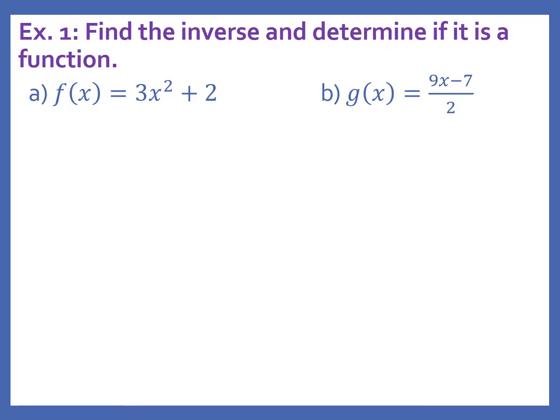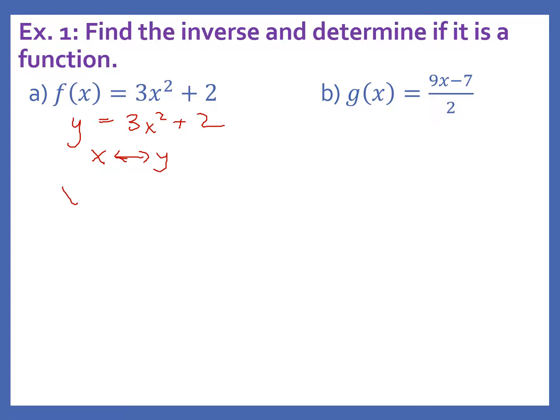Our first example: algebraically find the inverse and determine if it is a function or not. To do this, change f of x to y. I don't care too much about form, so for this first one I'll show you all the steps in the form, but for the test I really don't care what you do. And then we want to switch x and y.